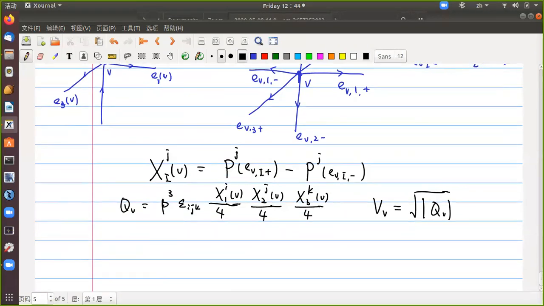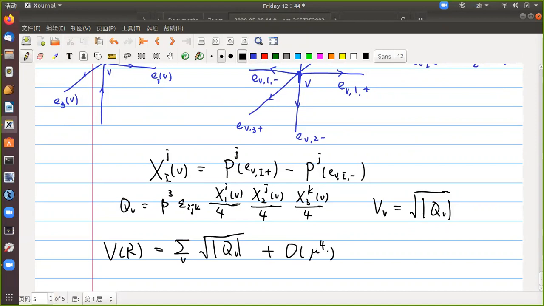Now, the claim is that any region R can be written as a sum over V of the square root of the absolute value of Q V, where Q V is expressed above, up to higher order in mu.